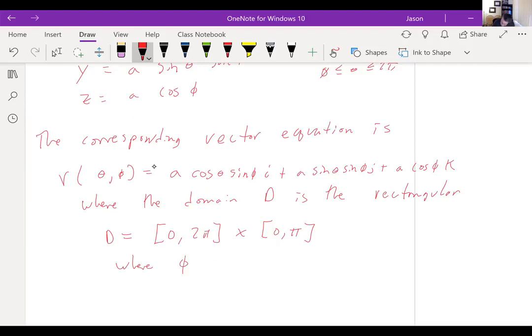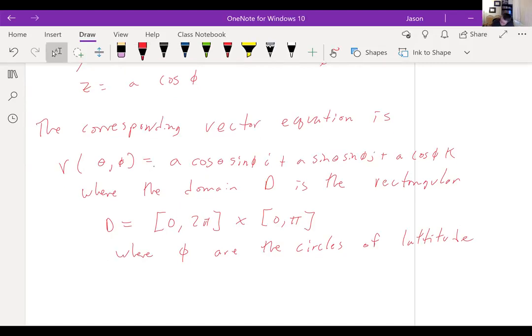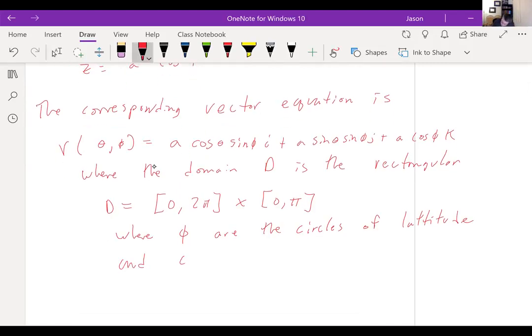Where phi are the circles of latitude, and theta are the circles of longitude.